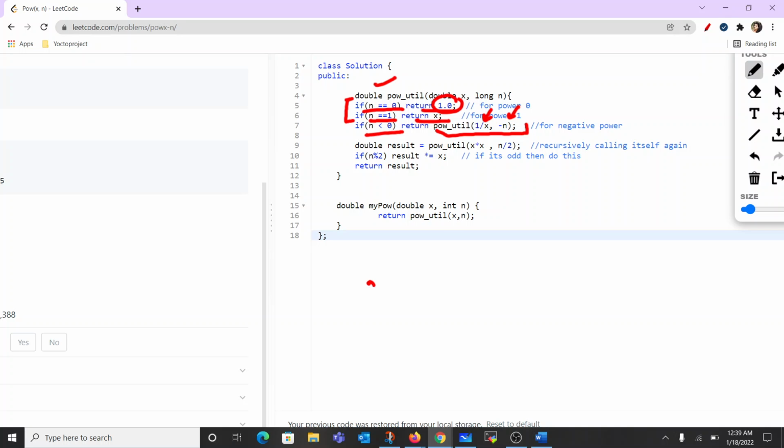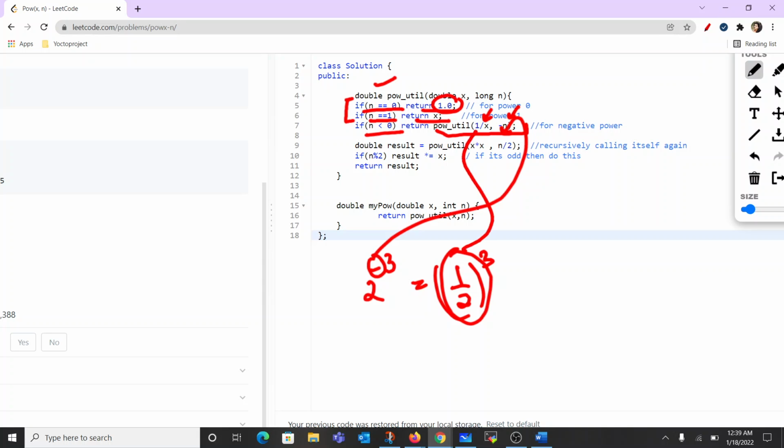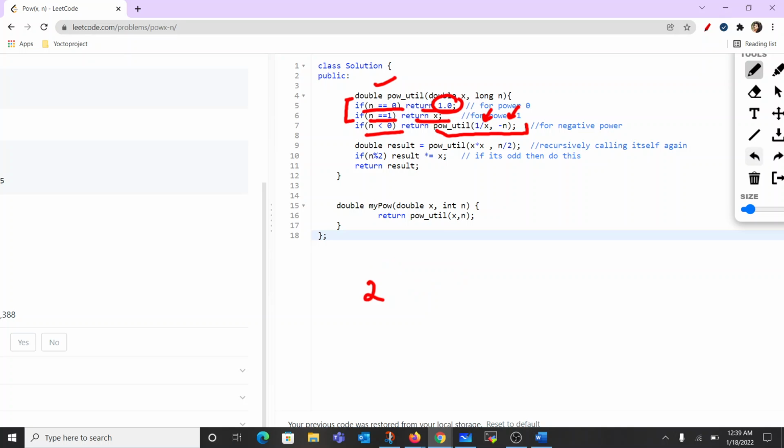Because when we have 2 raised to power minus 3, then we are required to calculate it in this manner. That's why we are putting the negative sign in front of this, and we are simply reciprocating this particular thing. Now comes the next part, the main portion of this question.